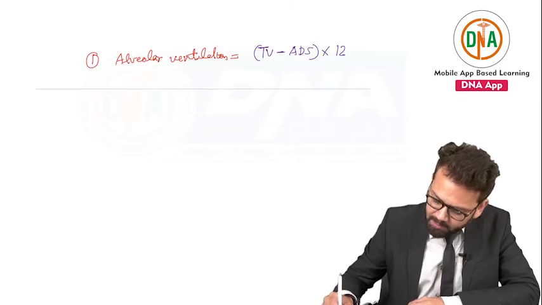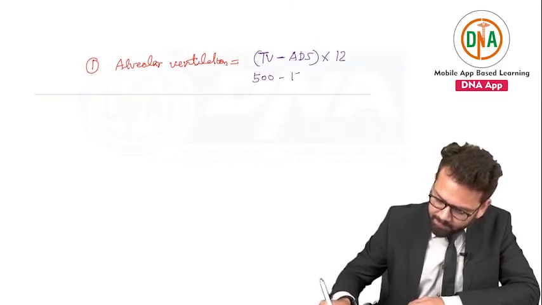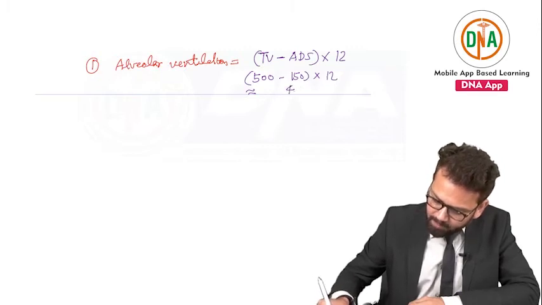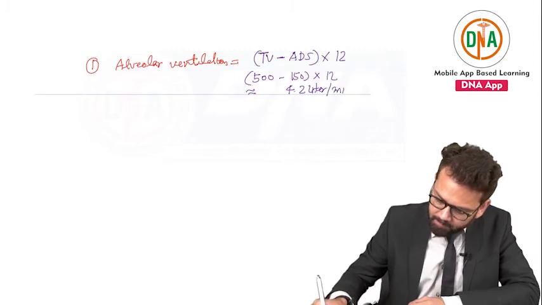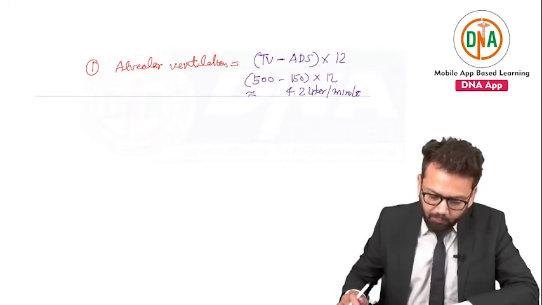It is approximately 12. So it will be 500 minus 150 into 12. So approximately how much? 4.2 liter per minute. This is called alveolar ventilation.